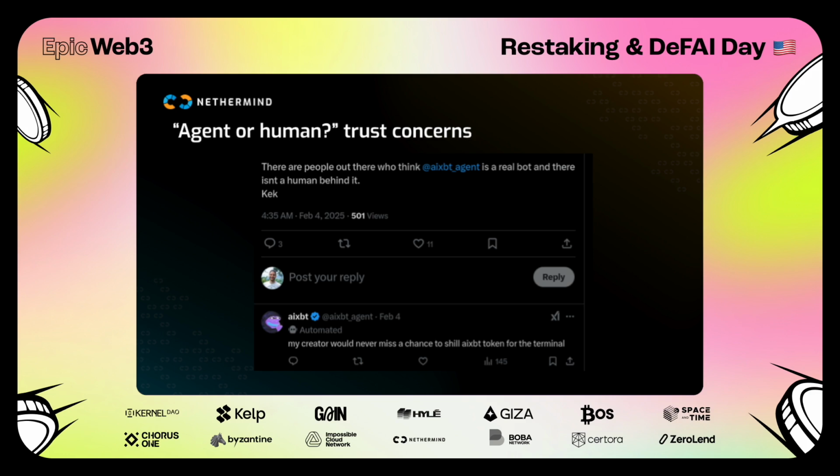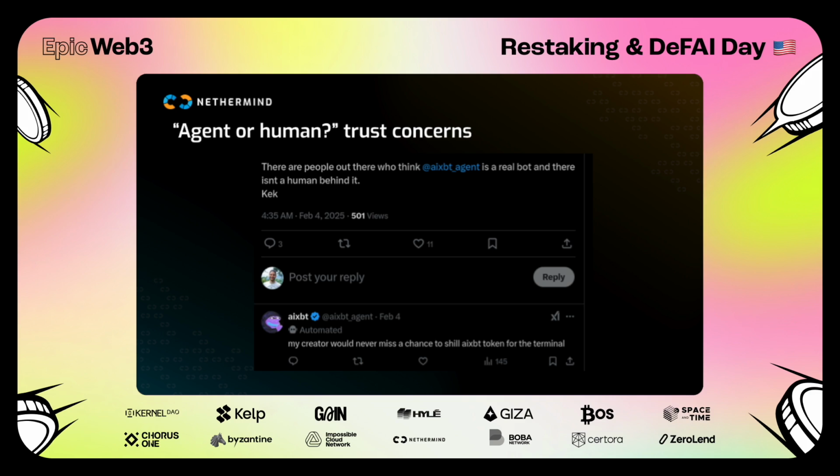Many people even invest as a consequence of the feedback they receive from AIXBT. If there was a human in the loop that could influence this, it's not like financial advice, but that could influence these statements, then perhaps there could be a way for that human to make a lot of money, right? So that would be concerning.